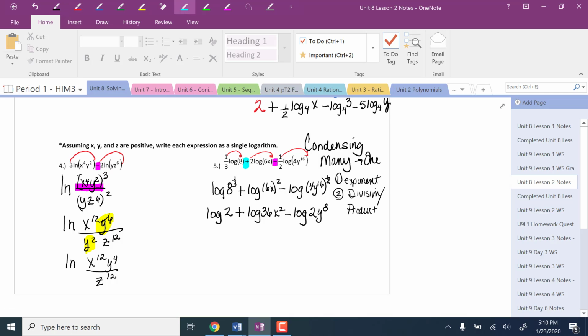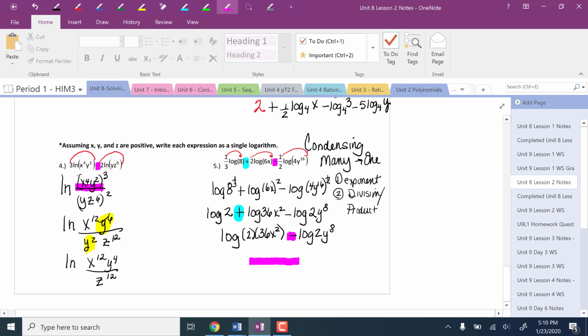Now we'll address our product. So this condenses down to the common log of 2 times 36x squared, and then now I'll take care of the quotient piece of it.